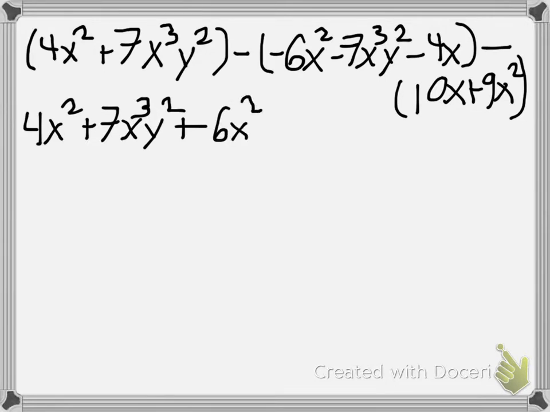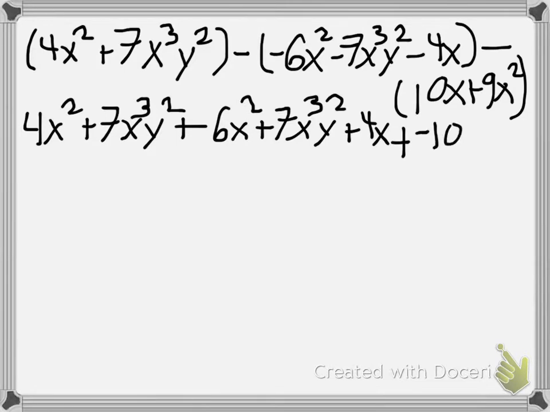Negative 7x cubed y squared becomes plus 7x cubed y squared, and this becomes plus 4x. And we're going to do the exact same thing with this other minus sign that we have. So we're going to have a plus. Now this plus 10x becomes minus 10x, and this plus 9x squared becomes minus 9x squared.